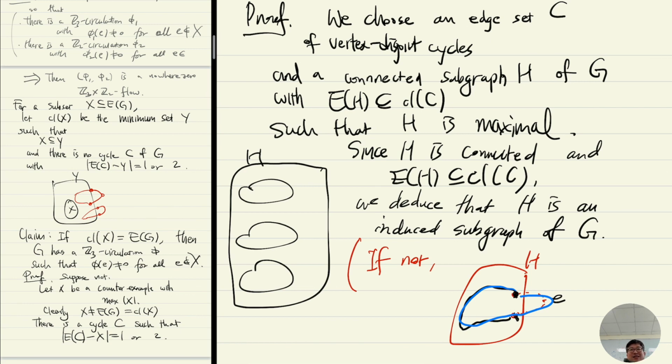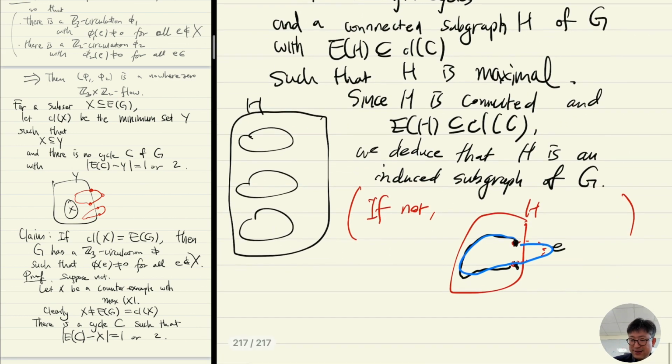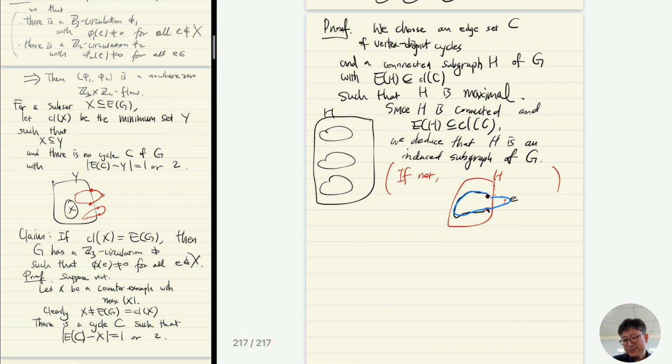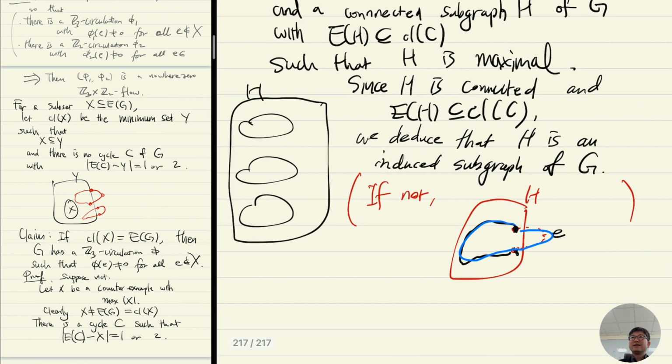The closure of C has the property that there's no cycle having only one edge outside. So H is not an H. So H has to be an induced subgraph, right? All right, so H is an induced subgraph.